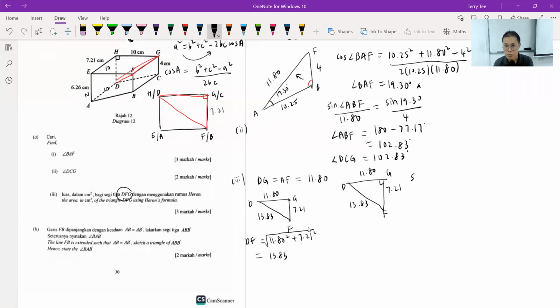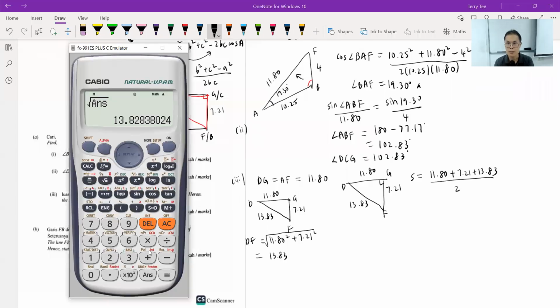But since the question asks us to use Heron's law, remember Heron's law? First, we take the semi-perimeter: the length of all three sides, you divide by 2. So let's count. 11.8 plus 7.21 plus 13.83, divided by 2. So this answer is 16.42.